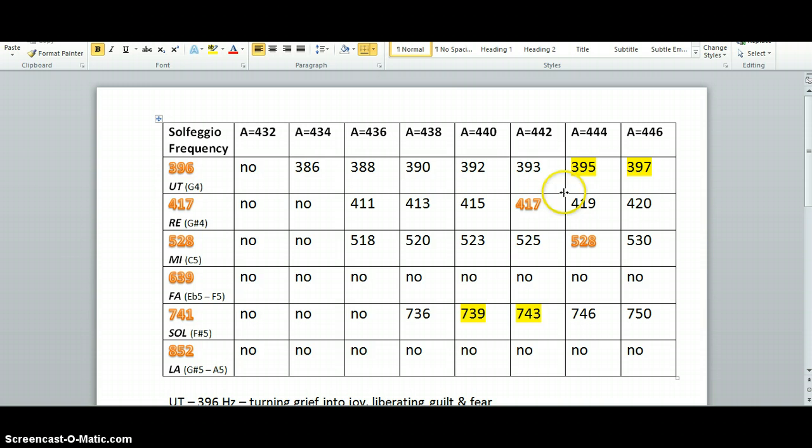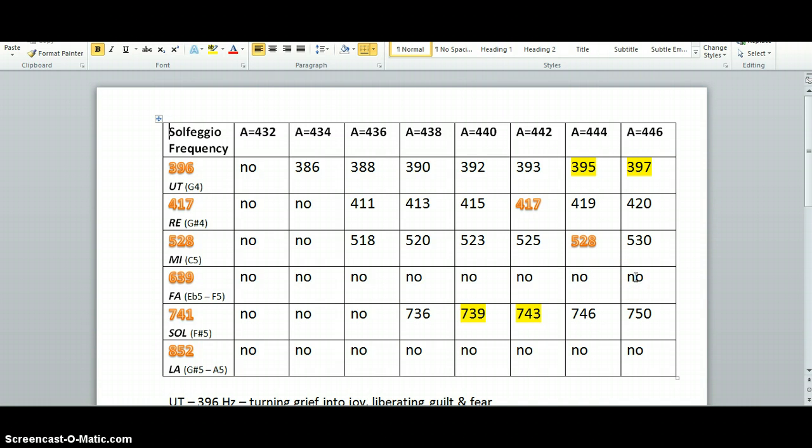Okay, so feasibly, at least four of these pitches could work. 396, 417, 528, and 741 could very easily work within either A442 tuning, 444, or A446 tuning, because all of these numbers would be fairly acceptable in that range.